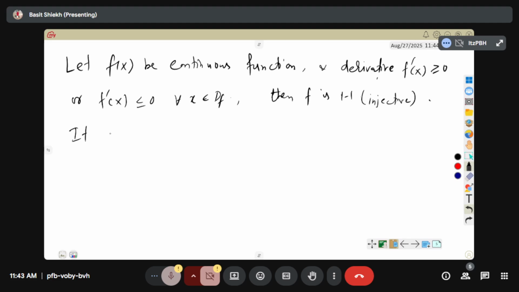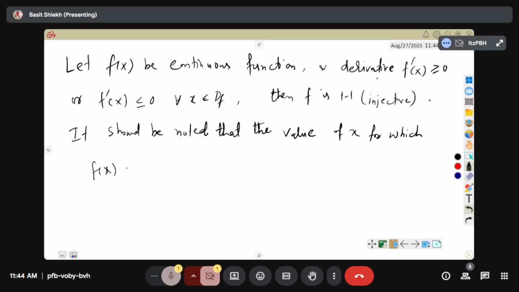And here it should be noted that the values of x for which f dash x equal to 0 should not form an interval.